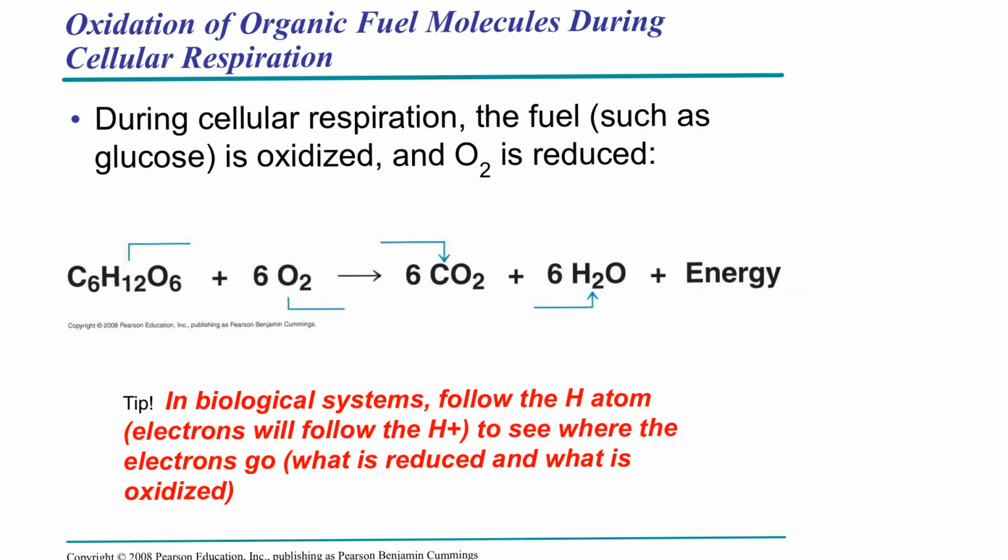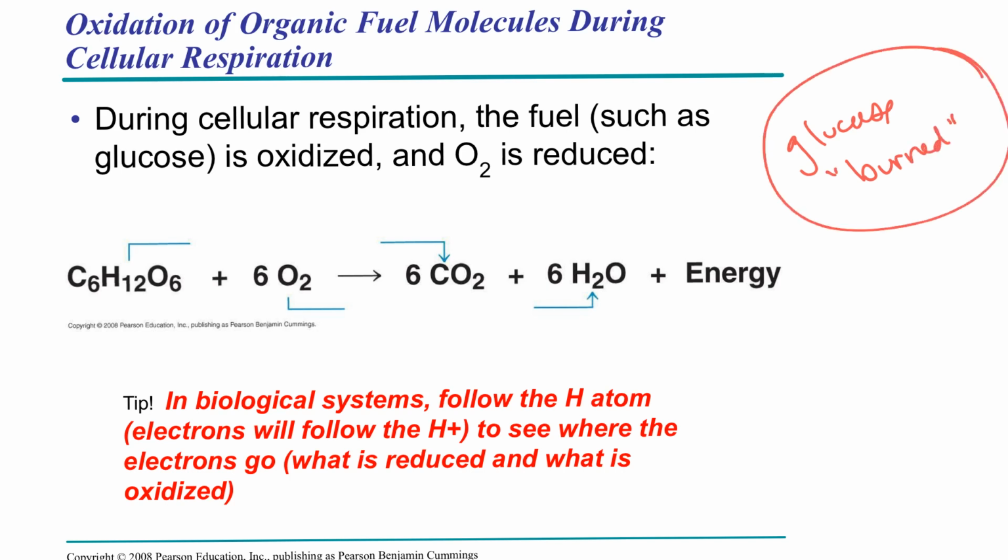But this is what is happening when we say that glucose is burned. You can't say that anymore because now you're a grown-up AP Bio student, and technically what we're saying is the glucose is oxidized. So oxidation is what is technically happening to the glucose. And what is oxidation?